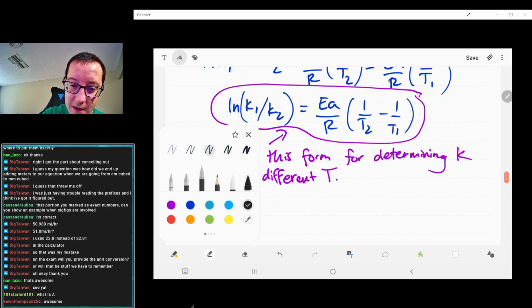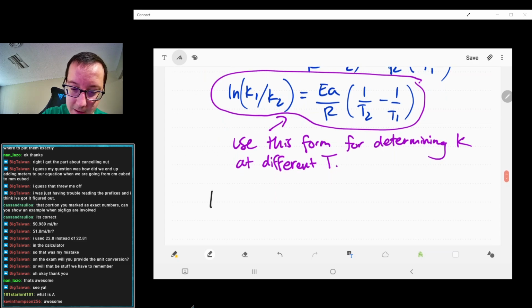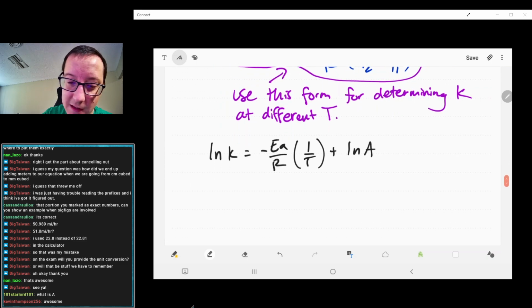Let's go ahead and figure this out. If we know that the natural log of K is going to be negative EA over R times 1 over T plus ln A, we can figure out what EA is going to be, right? Negative EA over R is our slope, right?